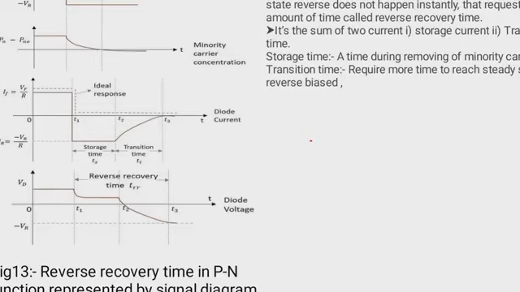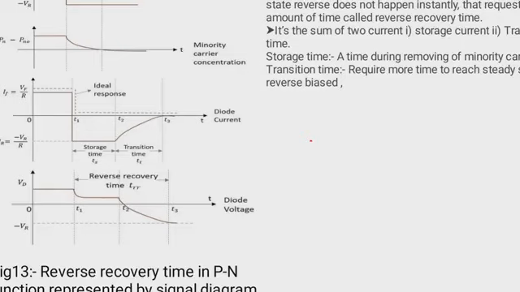So the time required for the diode to go from steady state forward to steady state reverse is the sum of two times, the storage time and transition time, TS and TT.